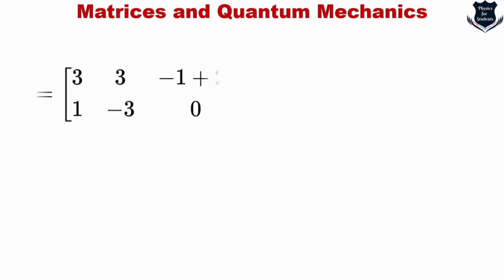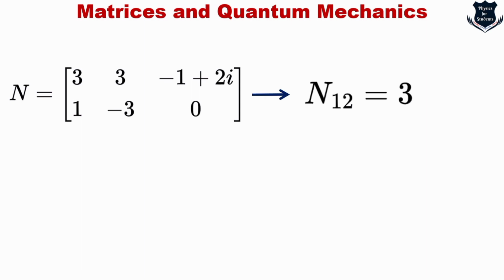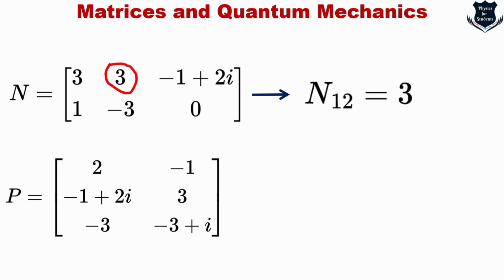Okay, so let us take an example, referring to N and P, obviously we will take N and P only. We have explicitly written down N12, so this means this one, 3, the first row referring to the second column, and P31 equals -3, which would be referring to this.